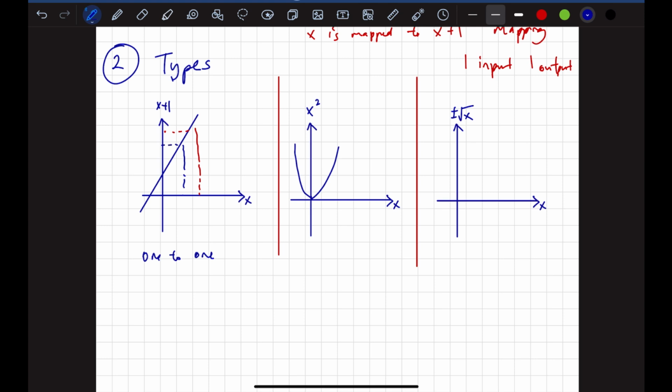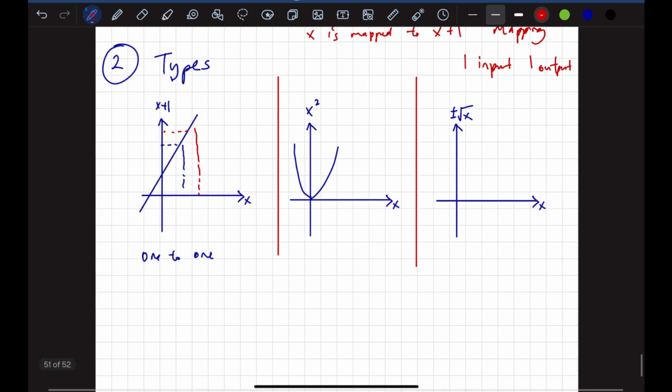Now, this is a bit unique because in this case, one specific input and another input could result in the same output. For example, you substitute x equals 1, x squared will be equal to 1, or if you substitute x to be minus 1, x squared is also 1, right? So even though you have two different inputs, you still get one output.